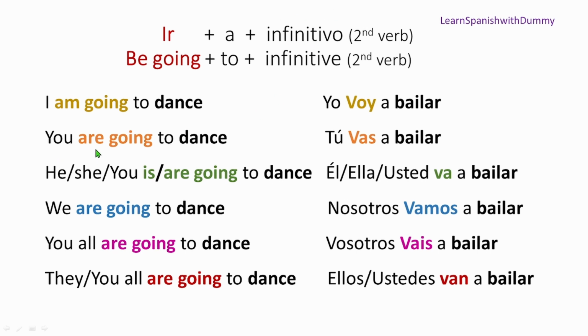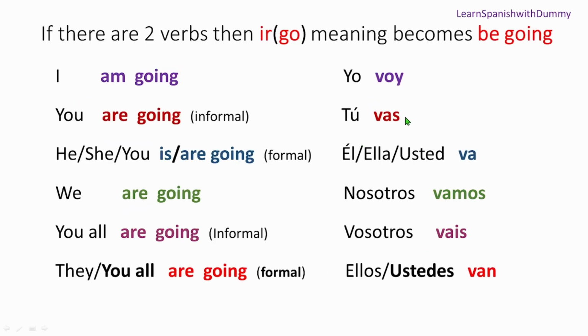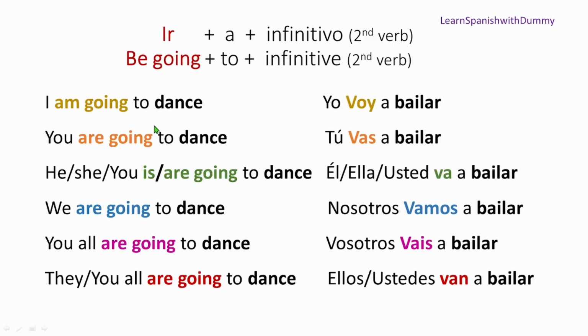So if you say you are going to dance, say tú vas a bailar. Here, vas means you are going, so we just copied it: tú vas, a is to, and dance is bailar. Easy. He, she, you is going to dance: él, ella, usted va a bailar. Va means he, she is going to.